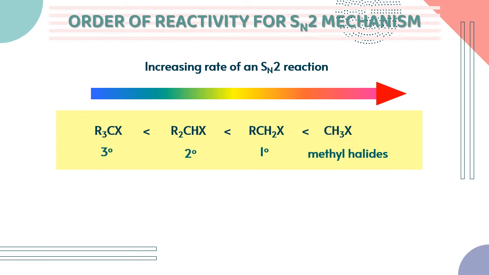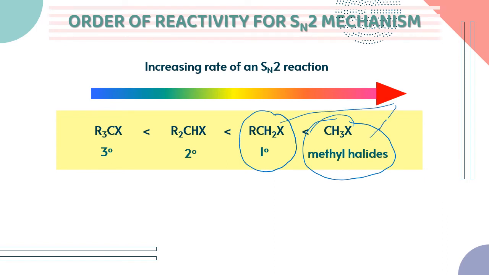So maksudnya dekat sini yang paling suka undergo SN2 mechanism adalah methyl halide. Dekat sini our methyl halide and also our primary haloalkane, ni yang paling senang. So saya boleh kata dua ni easiest to undergo SN2 mechanism. Dan untuk tertiary dia unlikely to undergo SN2 mechanism.